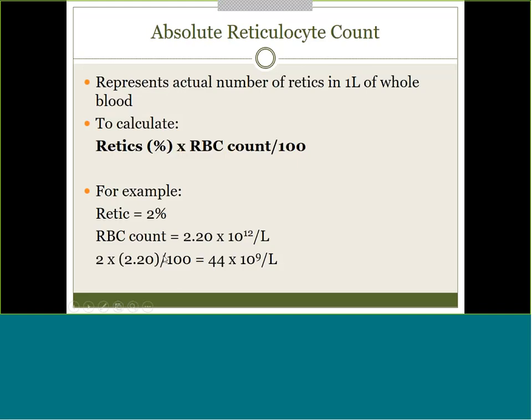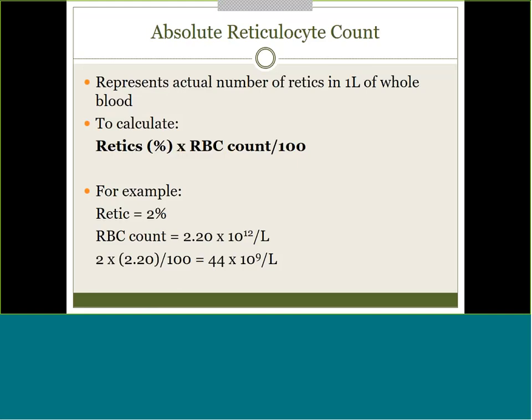So when you calculate this, do it right now. Take out your calculator and plug in 2 times 2.2, and then divide that by 100, and you should get on your calculator 0.044.